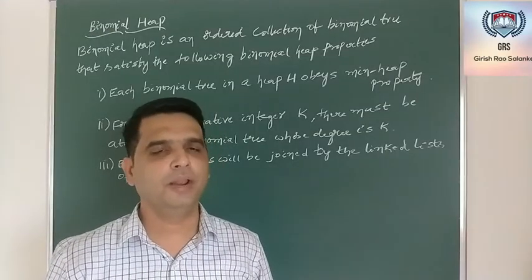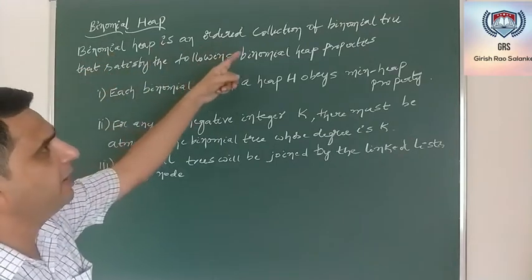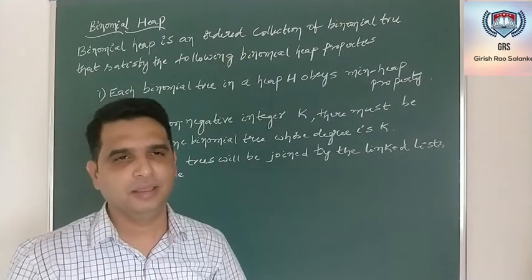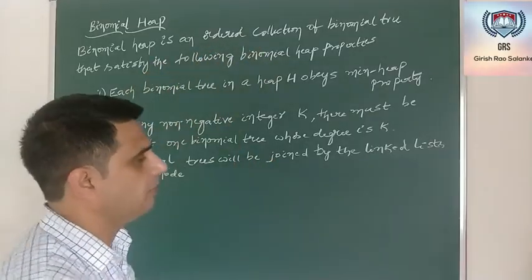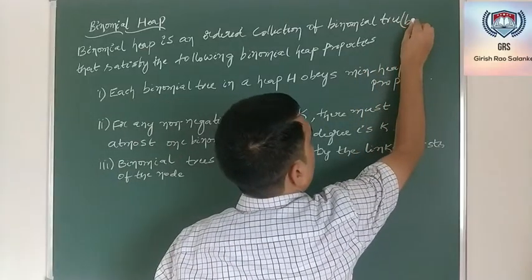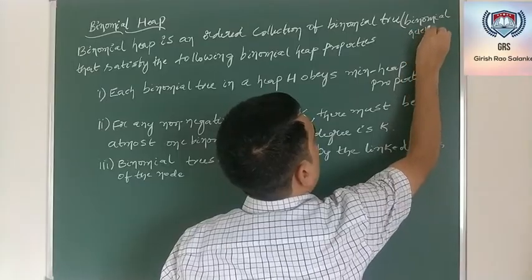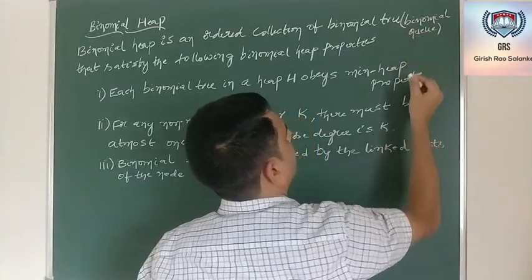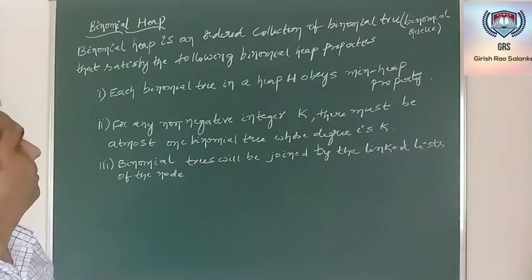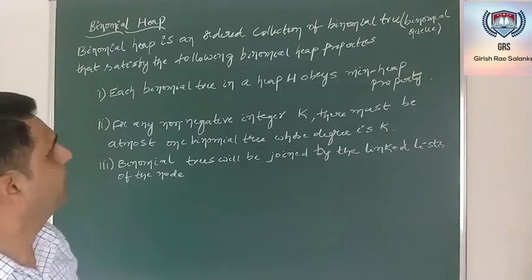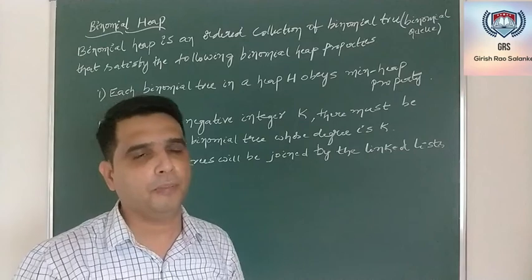Coming to the definition of binomial heap, we have defined a binomial heap as an ordered collection of binomial trees. In some textbooks, you will find that they define this ordered collection of binomial trees as a binomial cube. So a binomial heap is an ordered collection of binomial trees that satisfies the following binomial heap properties.